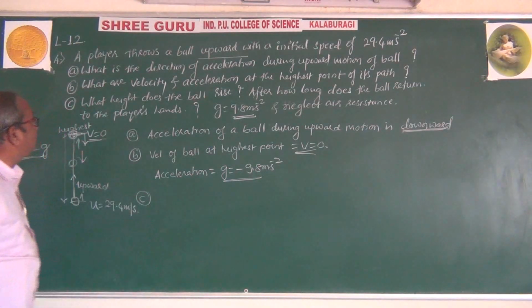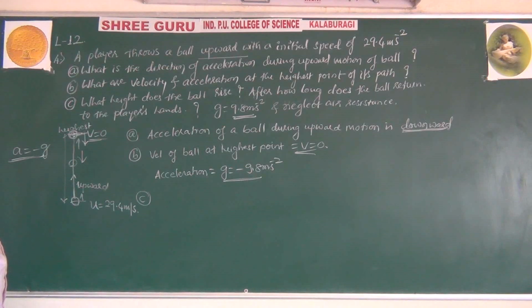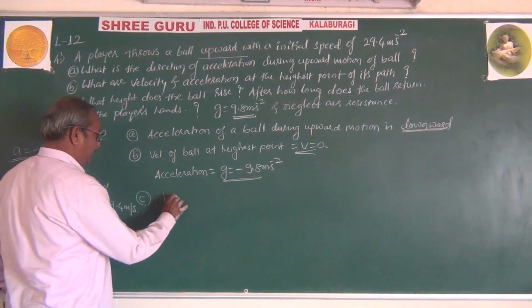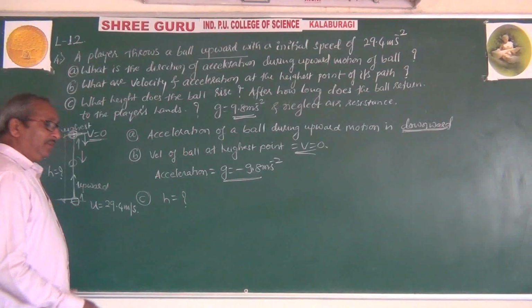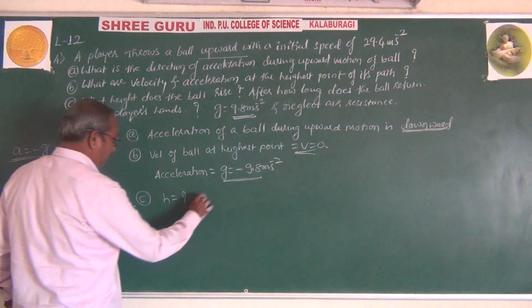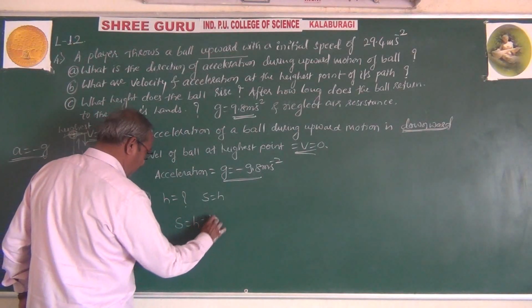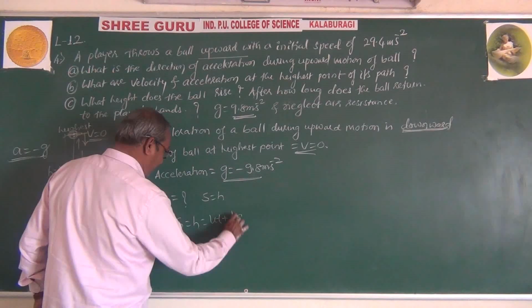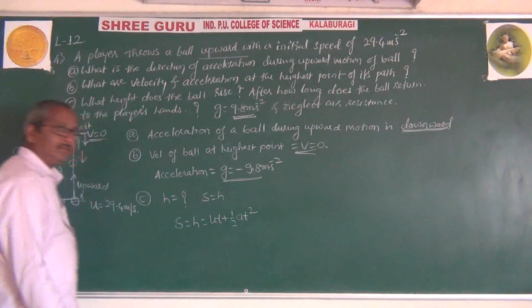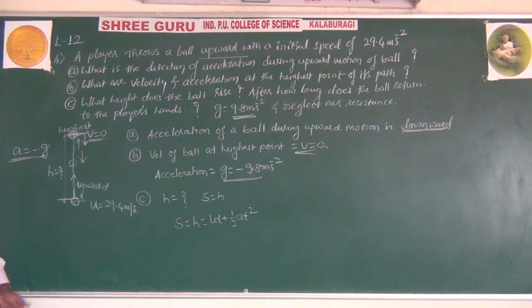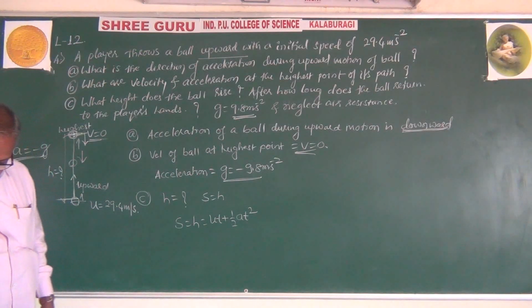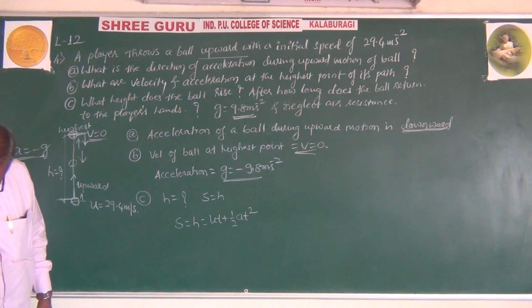Then the third point: what height does the ball rise? We have to find this height, h. Whenever it is thrown, s equal to h, and s equal to ut plus half a t squared, but t is not there and s is also not there. For that purpose, we will go for another equation.